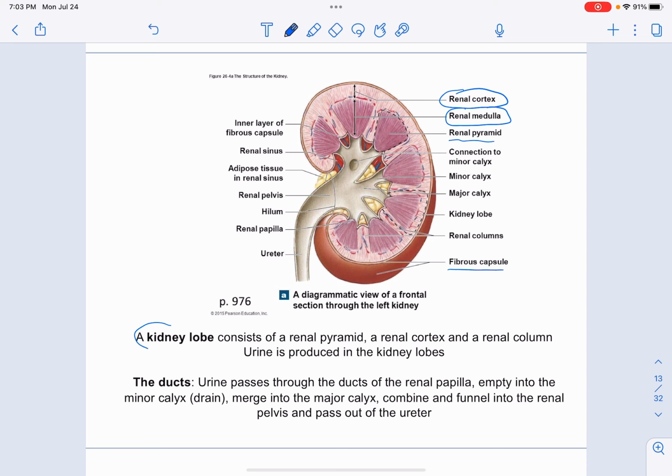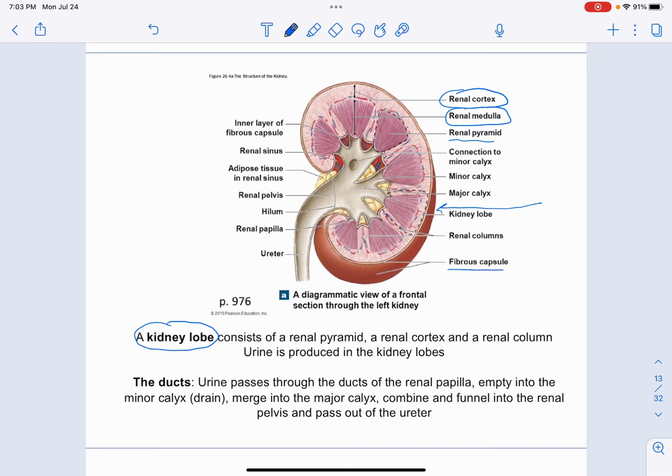another structure that's commonly talked about when referring to kidneys is something called a kidney lobe. All right, and that's what's highlighted right here in this section with those black dots. You can see those black dots. So a kidney lobe consists of one renal pyramid.